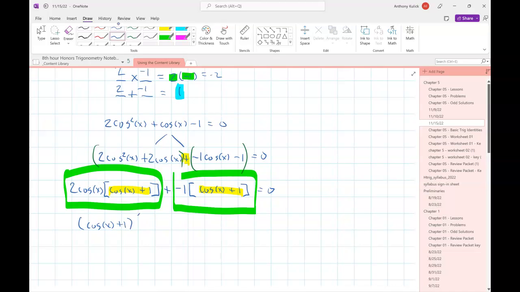When I factor that out, what's left? 2 cosine x minus 1. Woo! That was a workout. Now I can set each of these factors equal to 0.